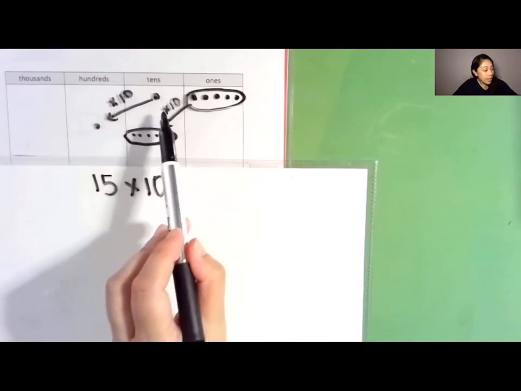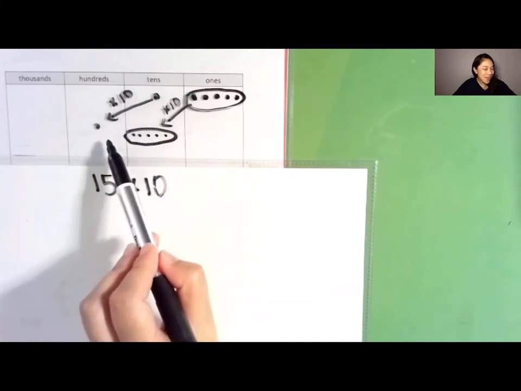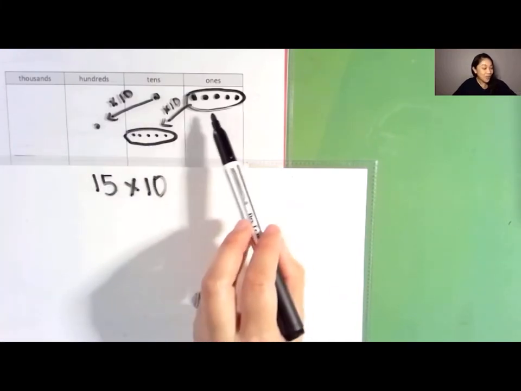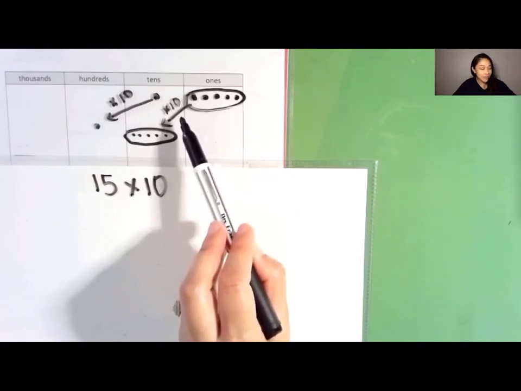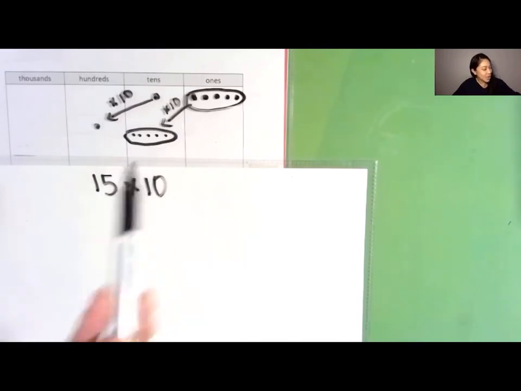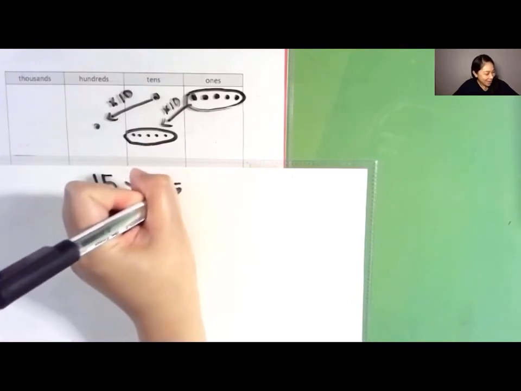What is 1 ten times 10? 100. And what is 5 ones times 10? 5 tens. What is 15 times 10? 150.